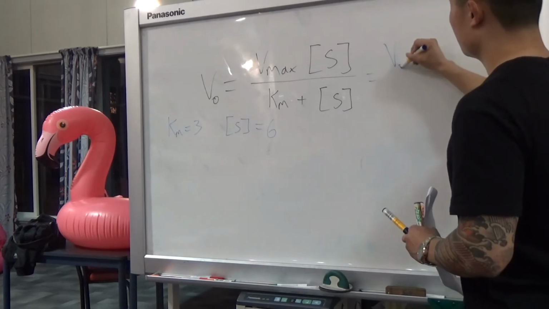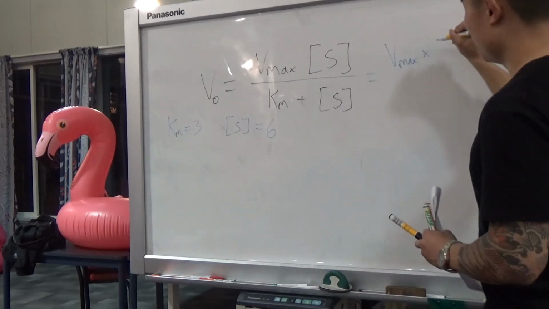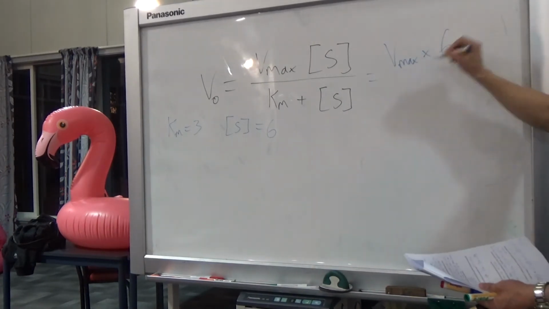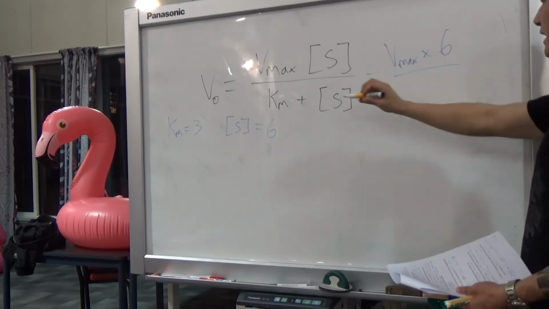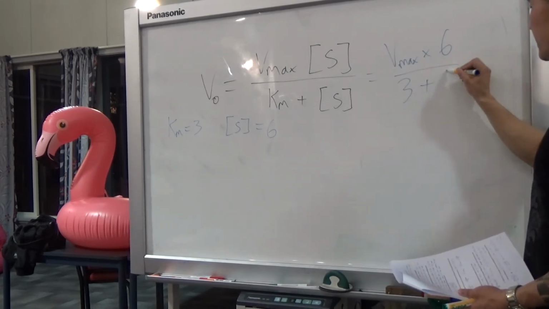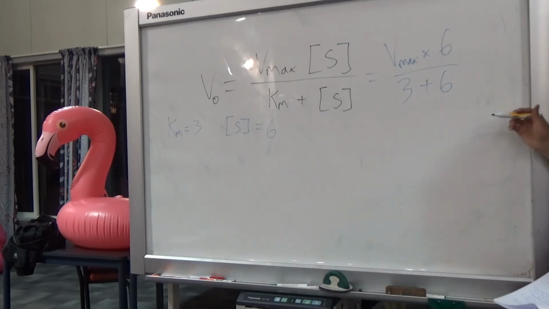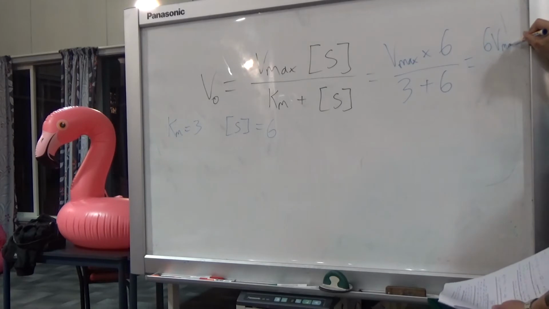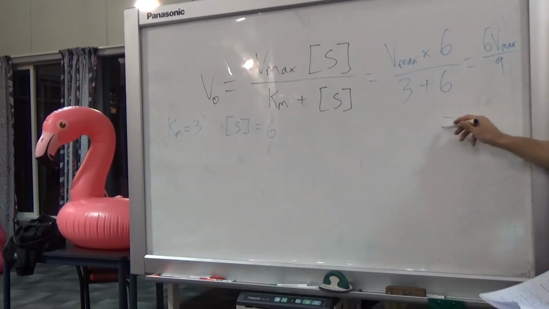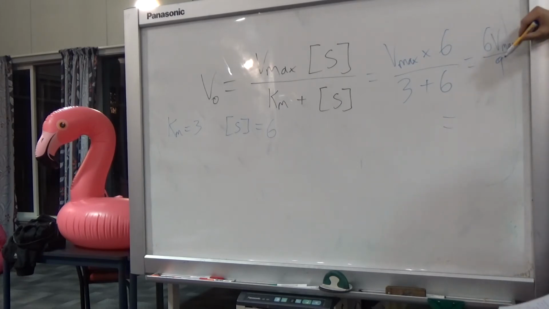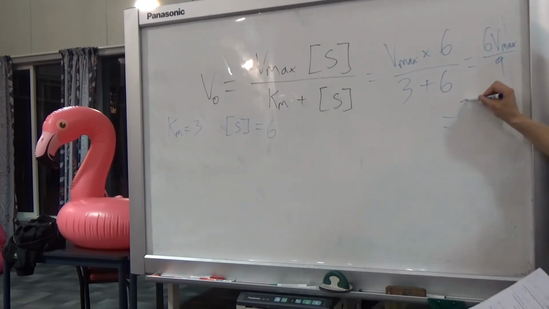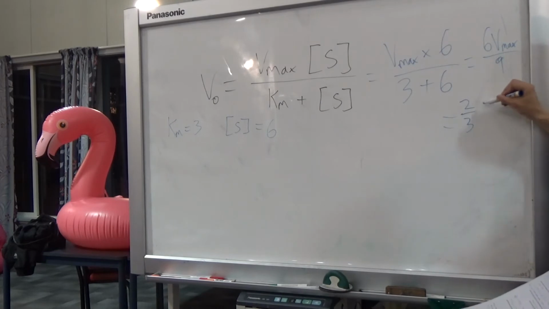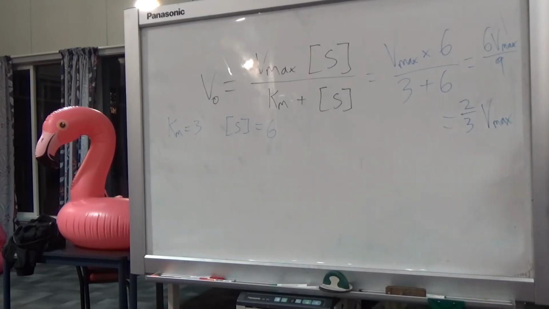That's Vmax times the substrate concentration, which is 6, divided by Km, which is 3, plus the substrate concentration, which is 6. So that's just 6 times Vmax over 9. 6 over 9 is the same as 2/3. So that's 2/3 of Vmax. Okay?